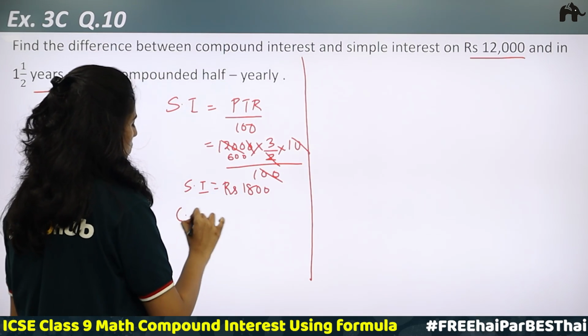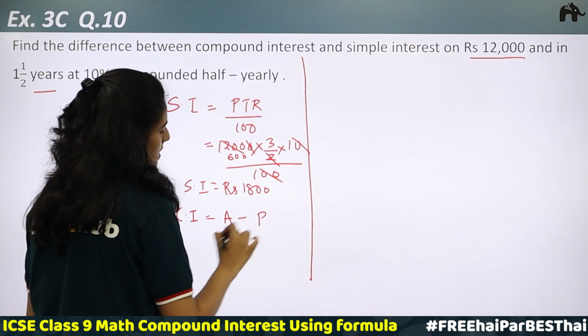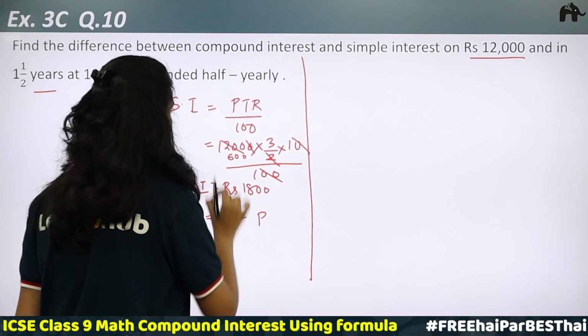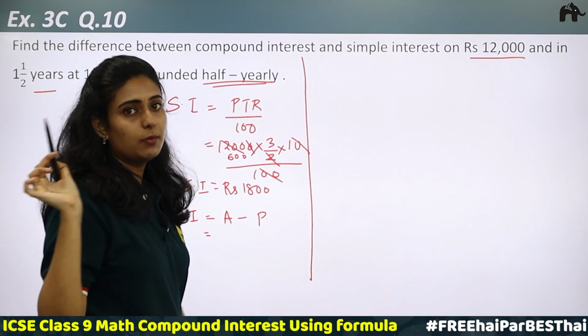Now to find compound interest, we know compound interest is amount minus principal. Here the interest is compounded half yearly. Which formula to use?